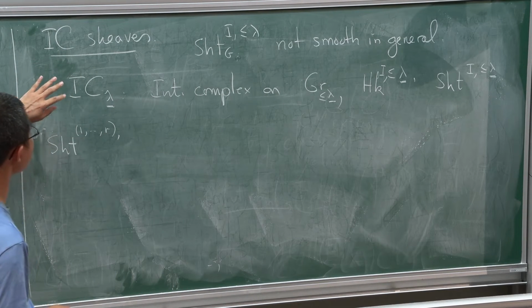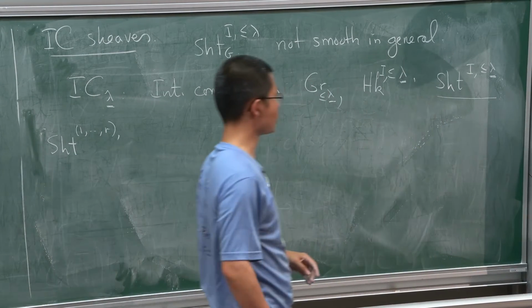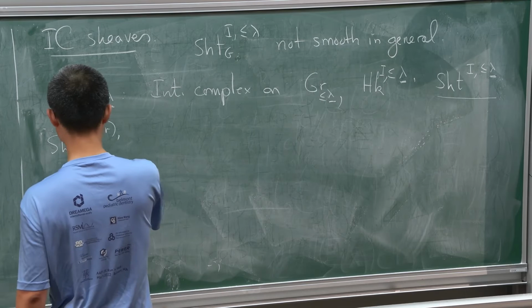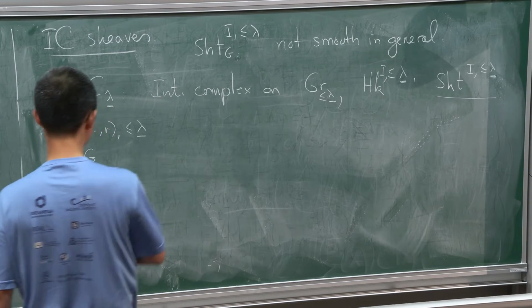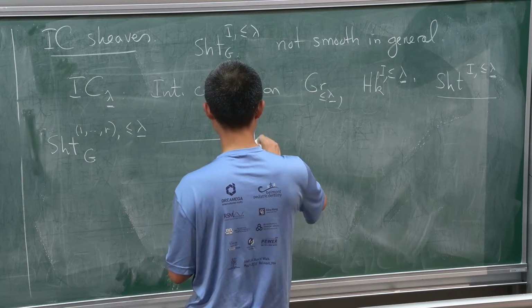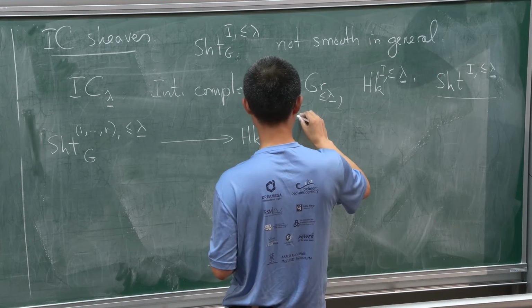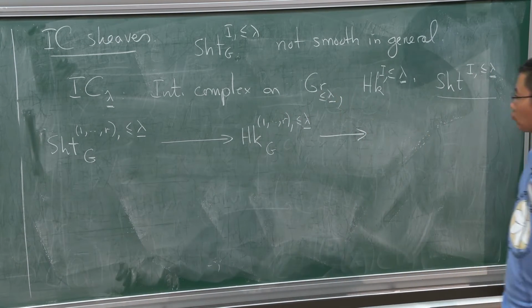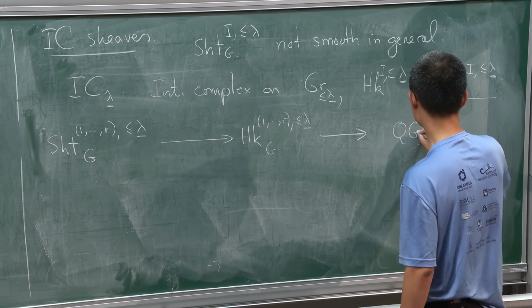Okay, so the definition I already gave. So this IC lambda means, in the Shtuka case, the IC sheaf of this algebraic stack, which is defined. But concretely, what is it? We have the iterated version. This iterated version maps to the Hecke version by forgetting the last step where you tie back to E0, tau E0. And the way we define this bounded version is by mapping it to the quotient Grassmannian.